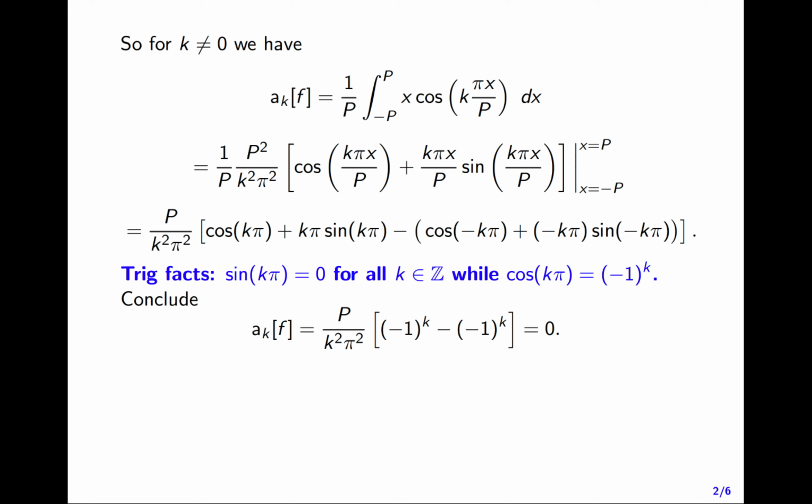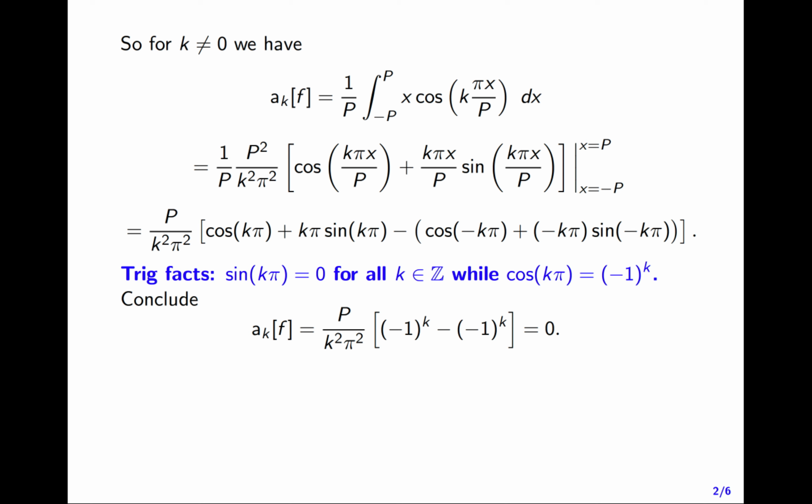Here's another way I might have seen that without doing the antiderivative, but maybe this isn't obvious at first. a_k on f is 1 over p integral from minus p to p x cosine of k pi x over p. This is a symmetric interval going from minus p to positive p. The function x is odd. The function cosine of k pi x over p is even.